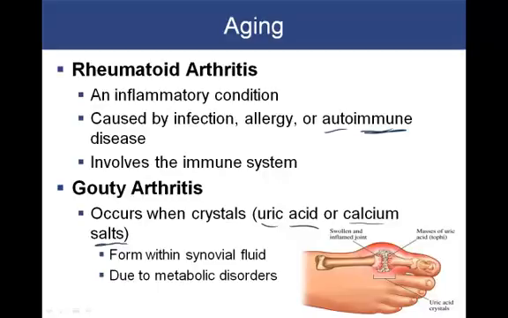There are metabolic disorders associated with gouty arthritis, and we're not going to get into them now. We'll cover them later, probably next semester, when we look at the metabolic disorders. But gouty arthritis is definitely something that most people are somewhat familiar with. Gout.